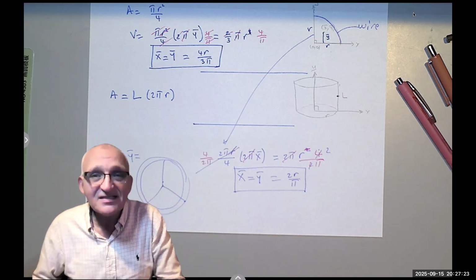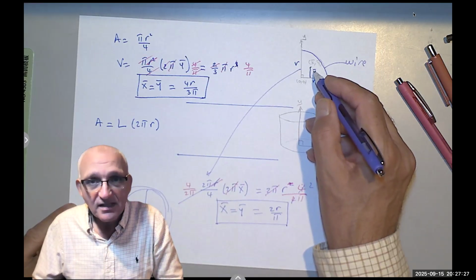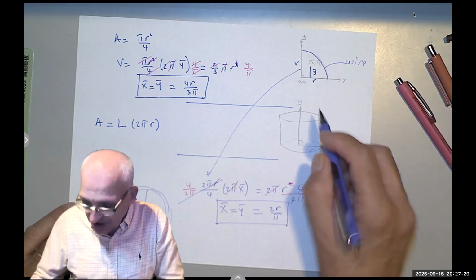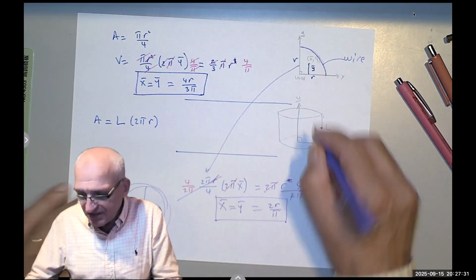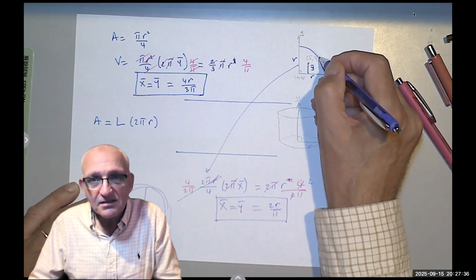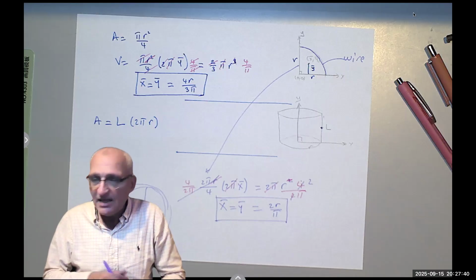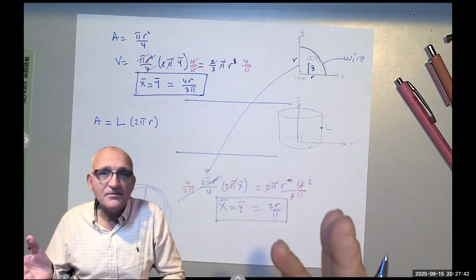The centroid does not need to be on the shape itself, right? Yes, for the straight line, it was in the middle, but if it's a curved line, of course, it cannot be anywhere here. It has to be somewhere outside of the shape, and that's perfectly fine.